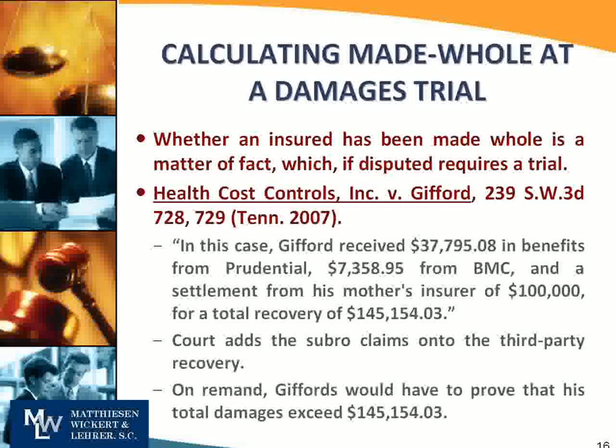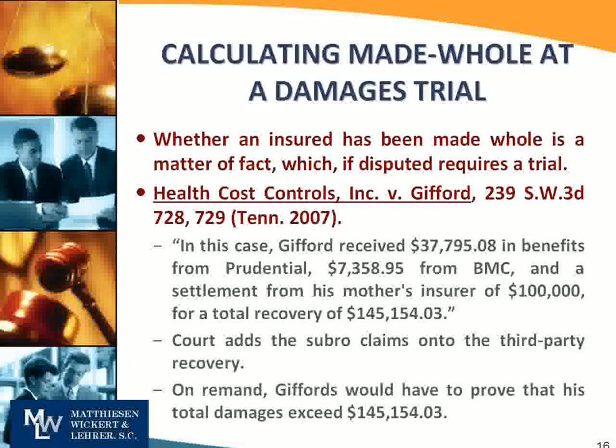Well, that's not exactly the correct way of calculating or even looking at made whole. This case is fantastic. I'm sure it wasn't fantastic for the lawyers who litigated this case for the good part of 10 years, with Court of Appeals and Supreme Court decisions, and then back and forth from the trial court. But ultimately, the court does articulate a better way of counting damages to determine whether the insured was made whole.